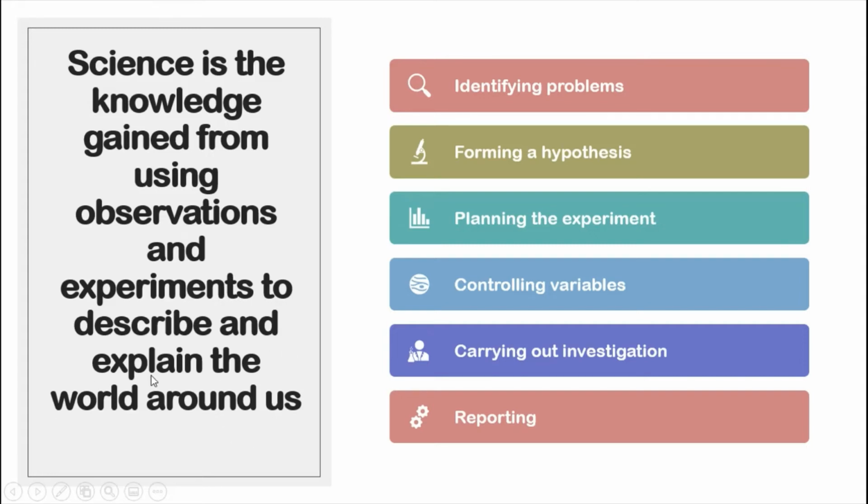First, you do identifying problems. After that, forming a hypothesis, and then planning the experiments, and then determining the controlling variables, and then carrying out investigation. Last but not least, you do the reporting.